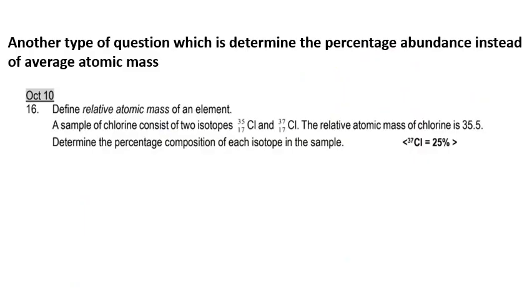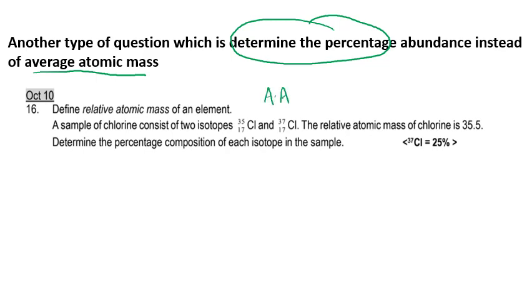There is another type of question which is also related to average atomic mass. In this case, the question asks us to determine the percentage of the abundance. No matter what, we only have one formula in this question, where the average atomic mass is equal to the sum of mass times abundance. This is what I always mention over here.